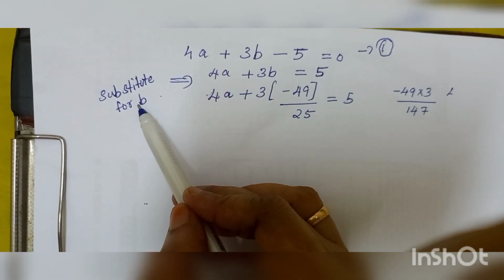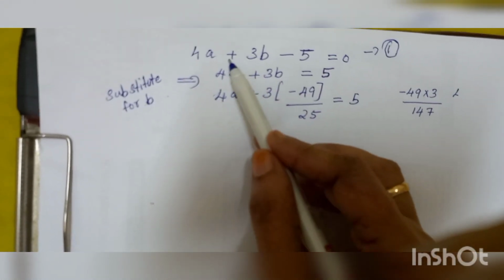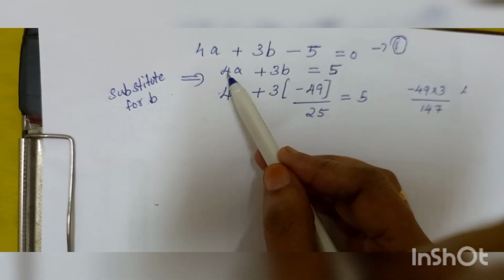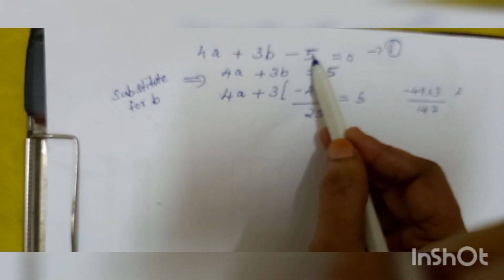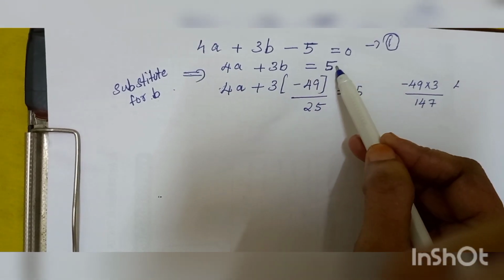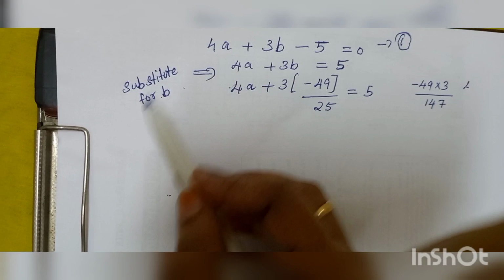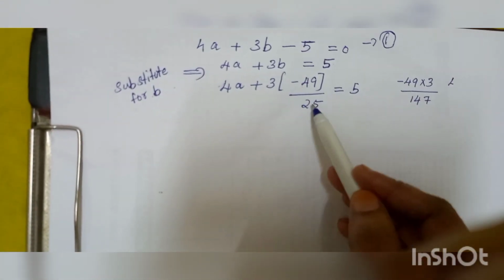Substitute for b in equation 1. What is the equation here? 4a plus 3b minus 5 is equal to 0. Transposing the minus 5 to this side, 4a plus 3b is equal to 5. What is the value of b? We already found that it is minus 49 by 25.